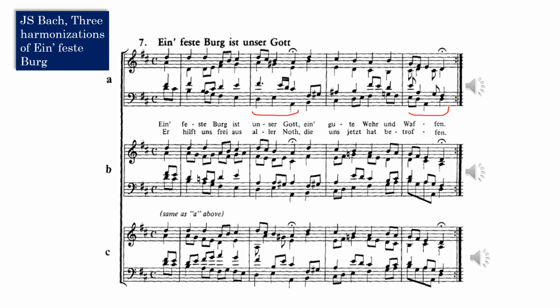Second harmonization. Perfect authentic cadence in the dominant. Perfect authentic cadence in the tonic. Third harmonization.